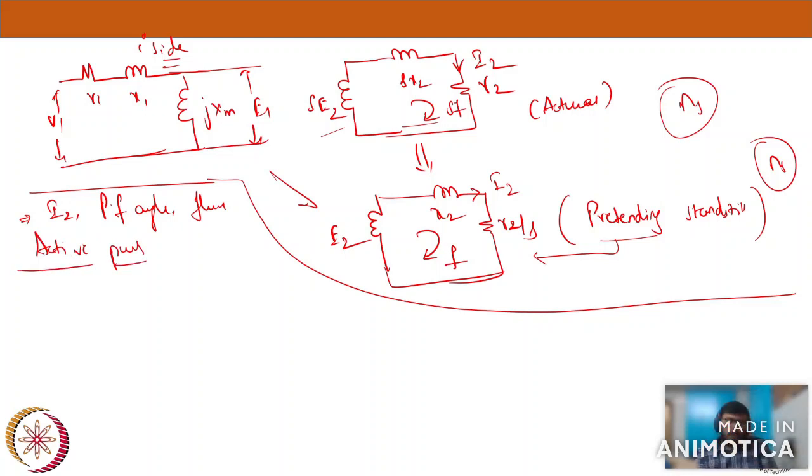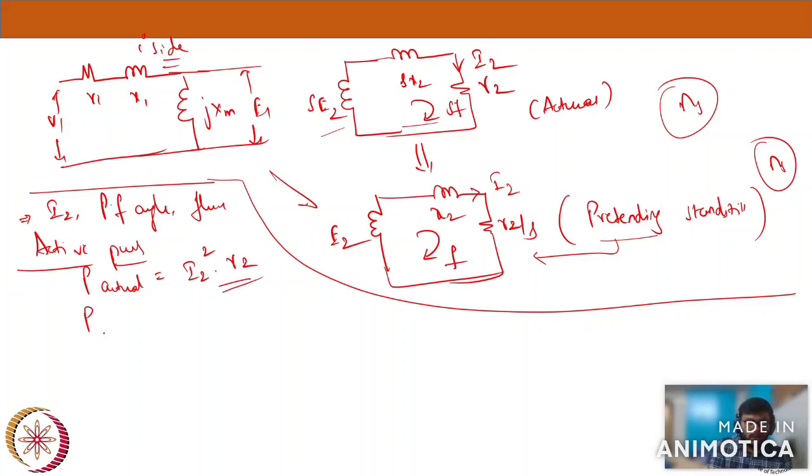Now, what is the active power in my actual case? In the first circuit, the actual rotor circuit, what is the active power? Active power only contributes to the resistance, you know that, right? Now P for the actual motor is I2 square R2, that is my actual motor's active power.